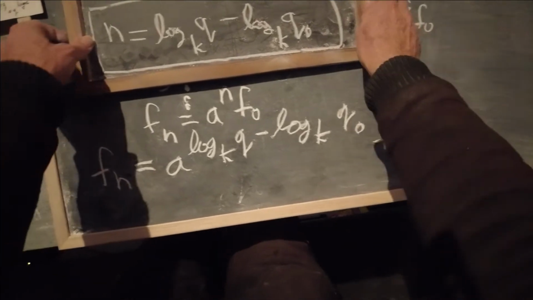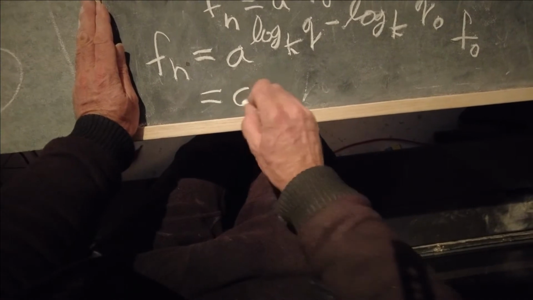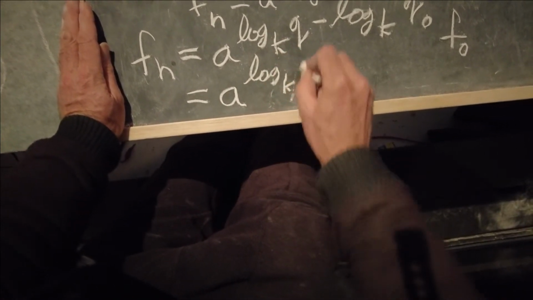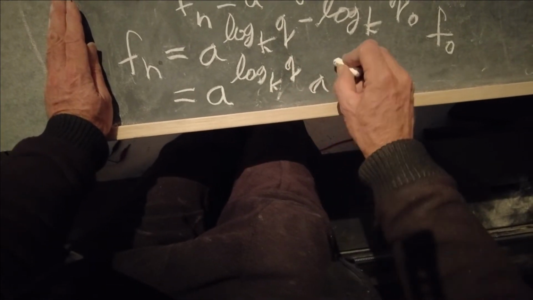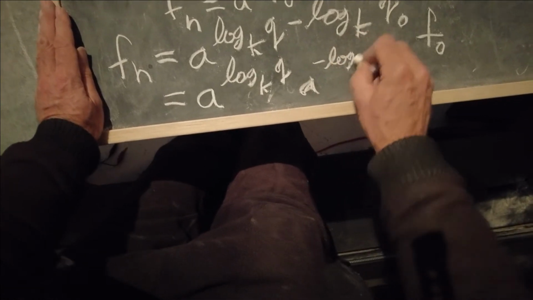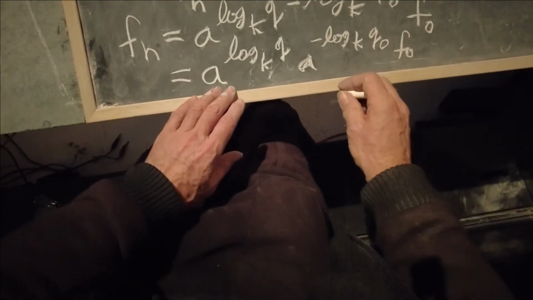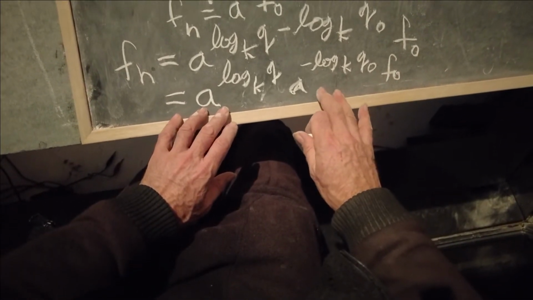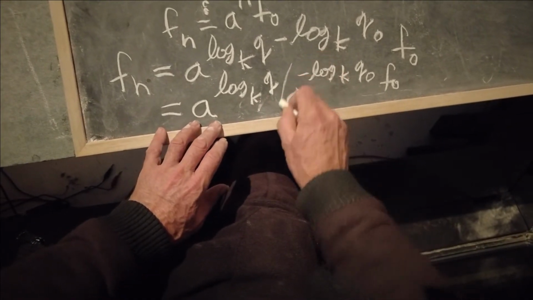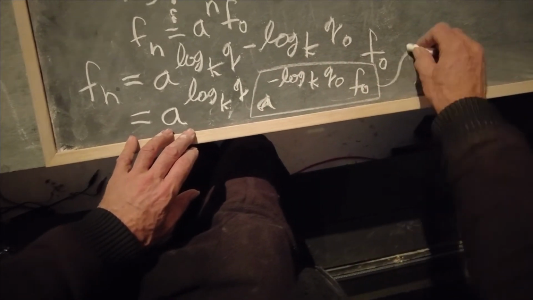And so now we simply say that is equal to a to the log k of q times a to the negative log k of q0 times f0. So there's three terms here. And now we can notice that this term here is a constant, and let's call that beta.